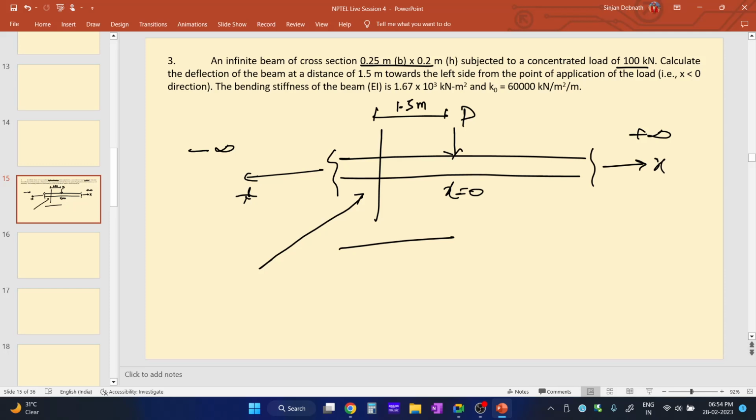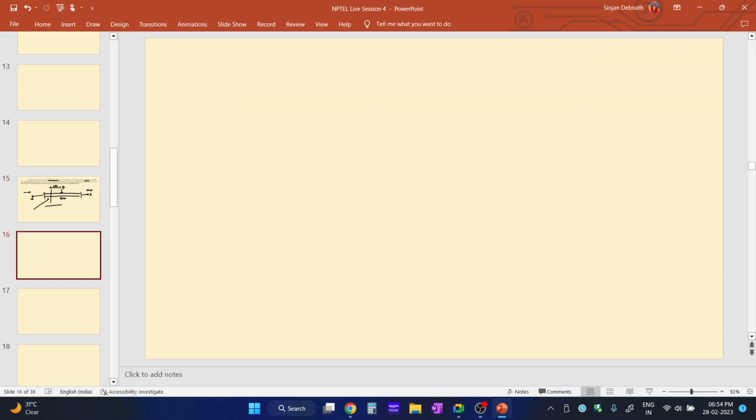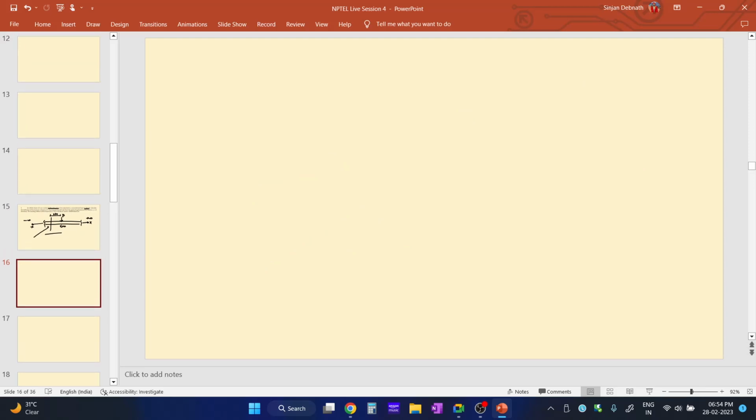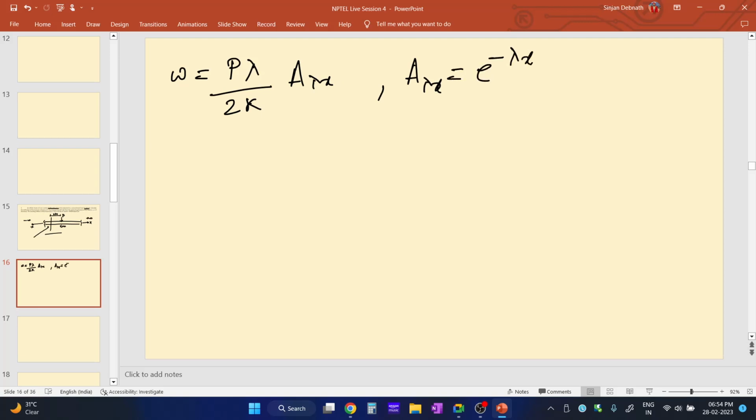Let me write down the equation for deflection for infinite beam. The equation for deflection is P lambda by 2K into A lambda x, where A lambda x is equal to e to the power minus lambda x, cos lambda x plus sin lambda x.